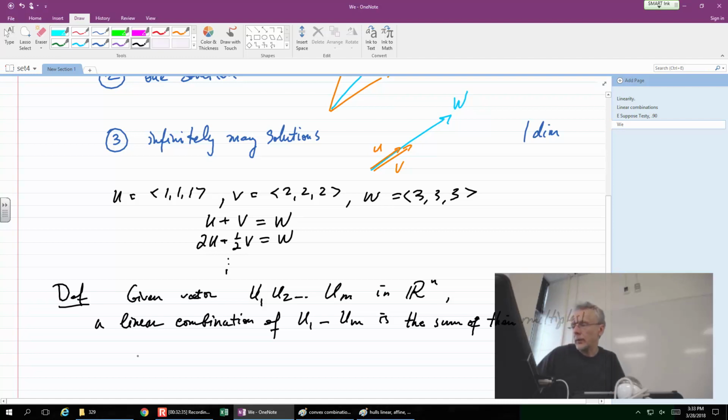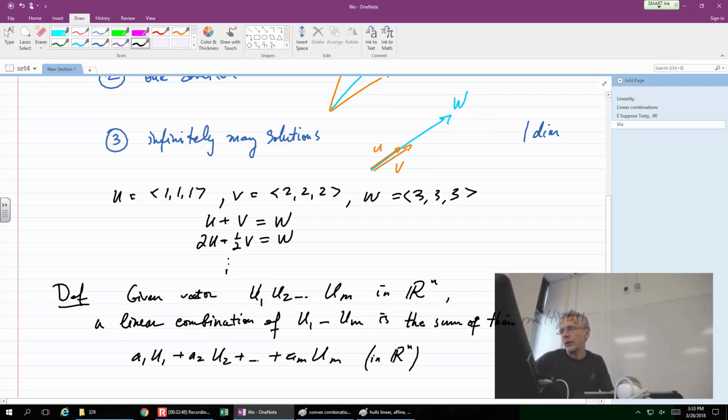So in other words, it will be, say, a1 u1 plus a2 u2 plus am um. It is also a vector in Rn, naturally. So remember that our vector algebra won't do anything to those vectors. They will remain vectors. Multiples are still vectors in Rn, and when you add them together, it's still a vector in Rn. So that's the definition of a linear combination.